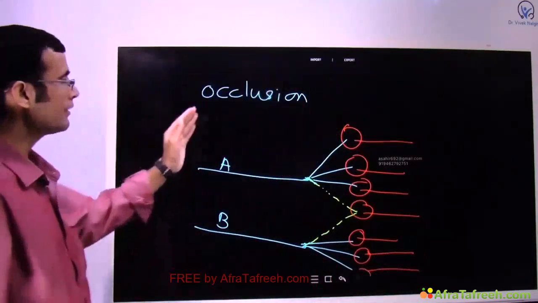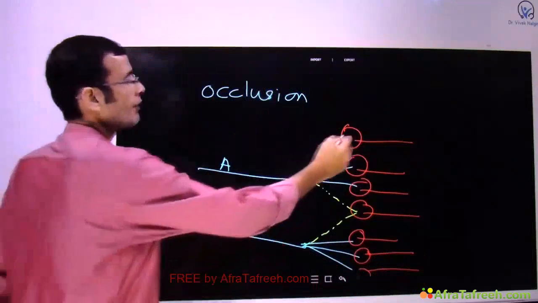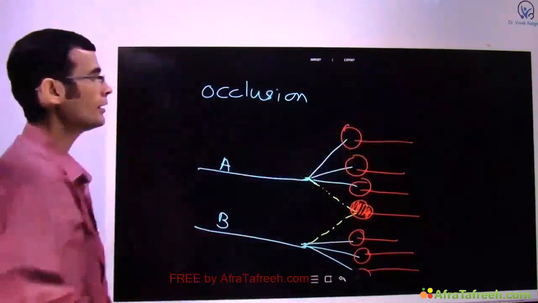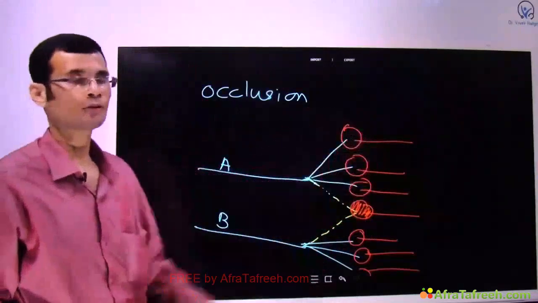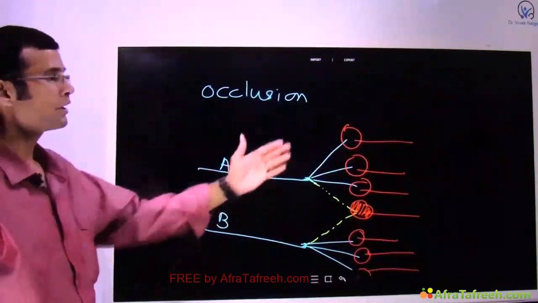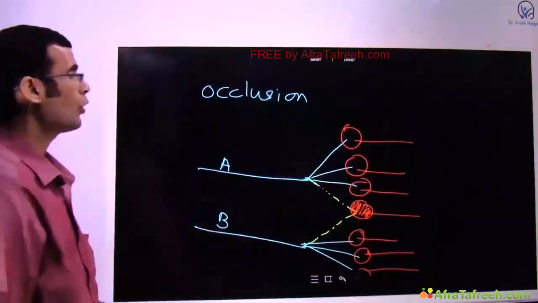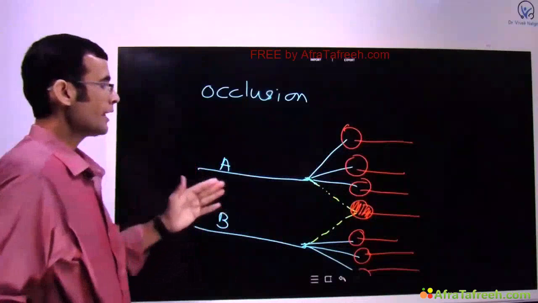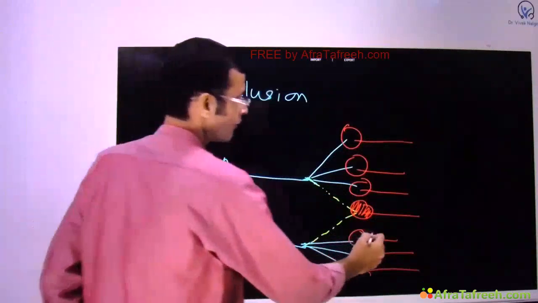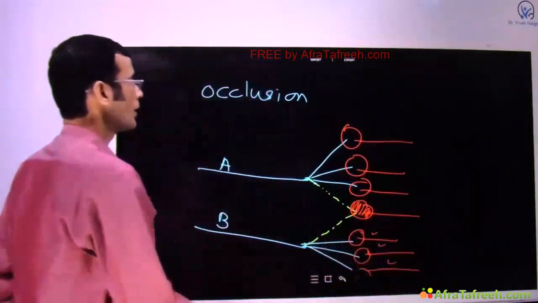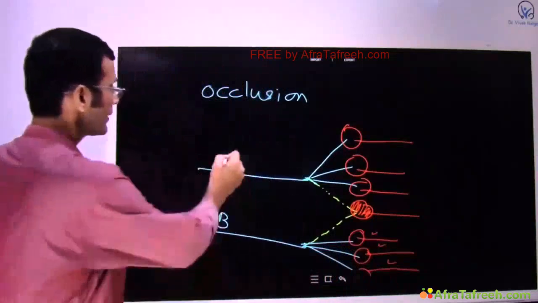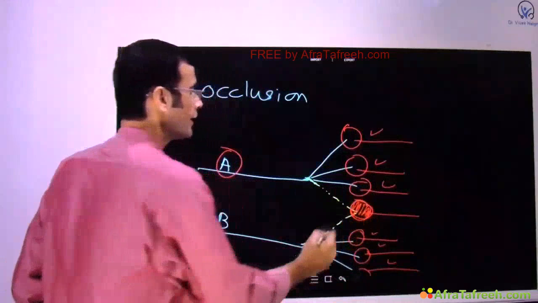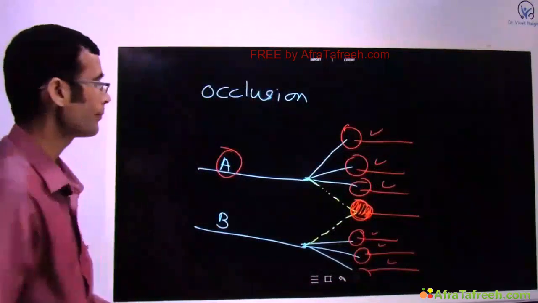So, when an impulse arrives in A, there will be excitation of 3 postsynaptic neurons. Action potential may be developed there, or 3 neurons definitely excite. When an impulse arrives in B, 3 neurons definitely excite. But the 4th neuron, when an impulse arrives in A, these 3 neurons will excite, whereas the 4th neuron excites just subliminally.